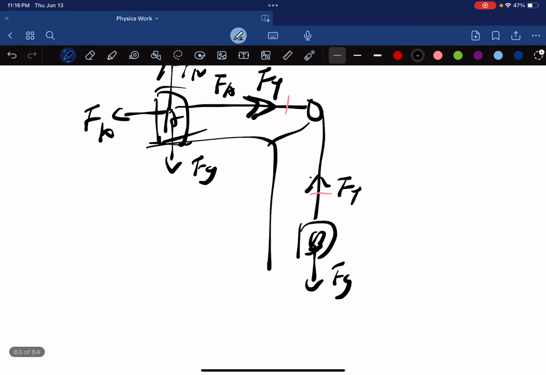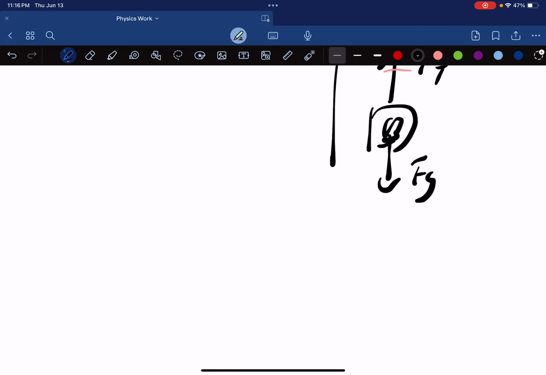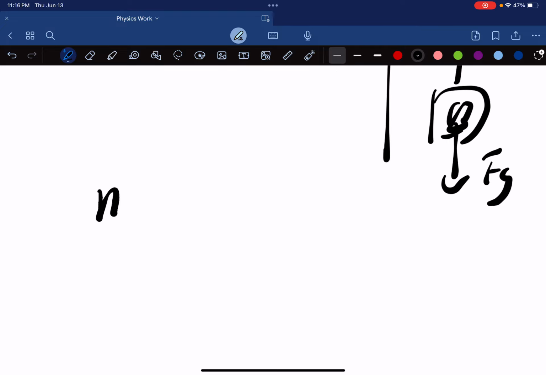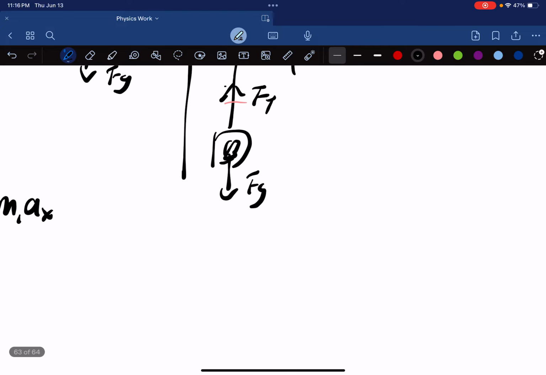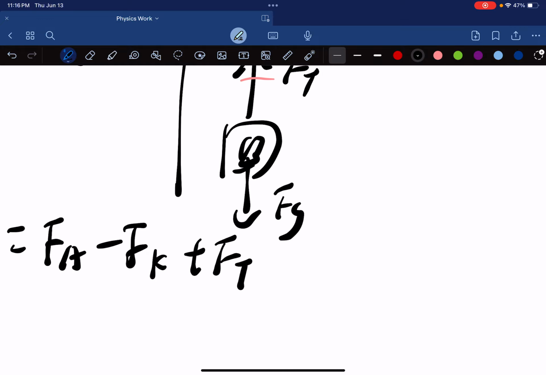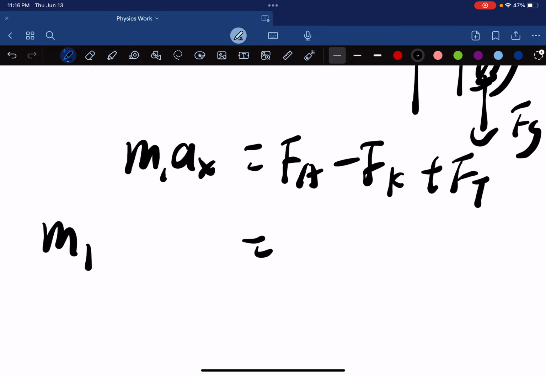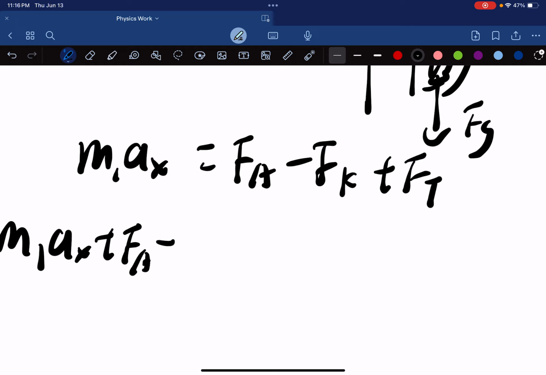So for the top part, let's just let the top be positive. So M1, the net force of the top component is just FA minus FK, you can say as well, plus the tension force. We isolate for FT, and this should be minus.